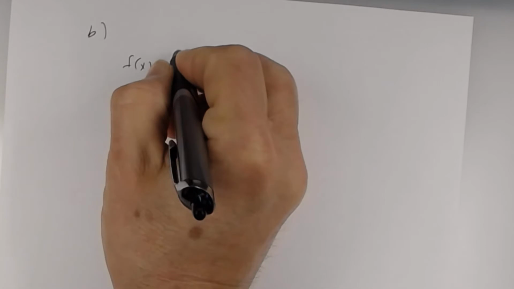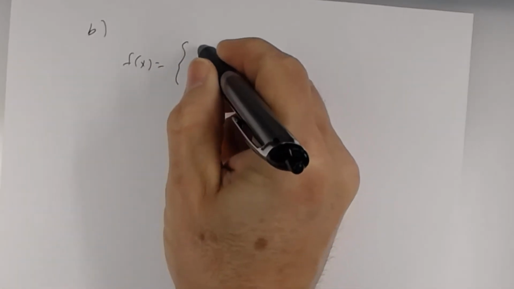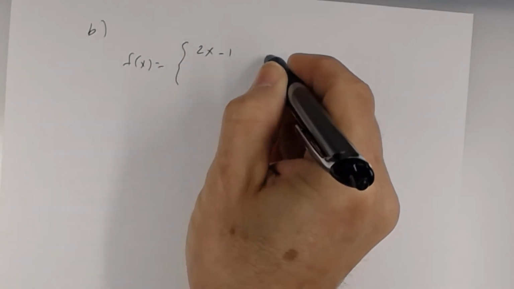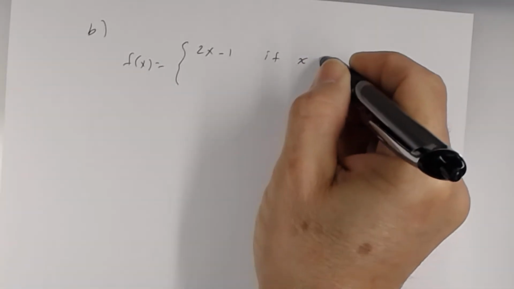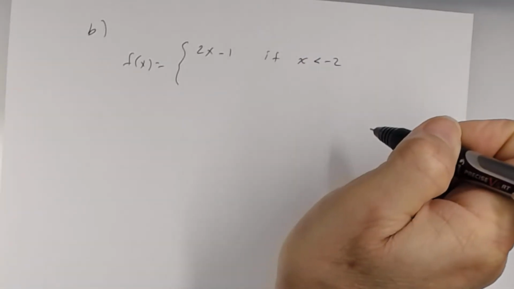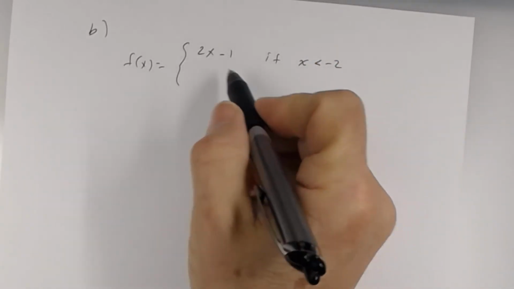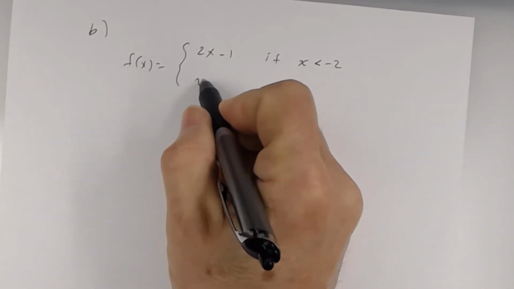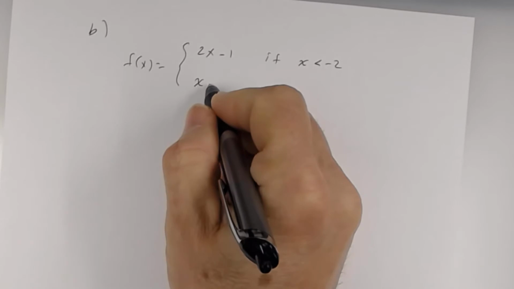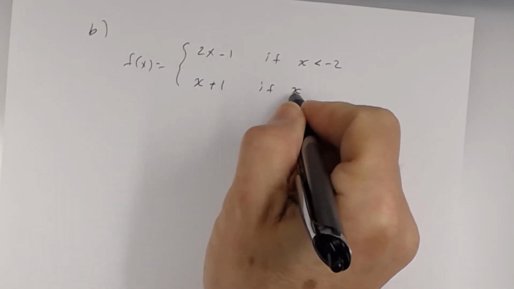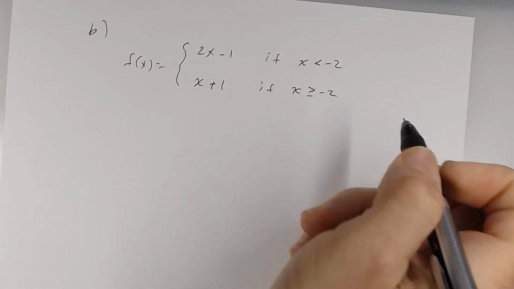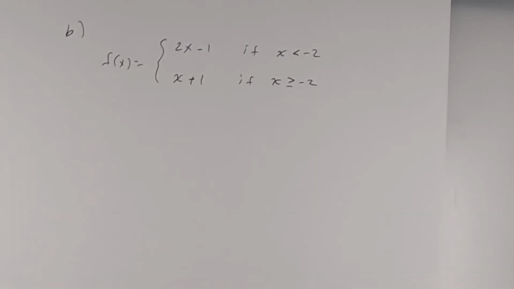F of x equals 2x minus 1 if x is less than negative 2, and x plus 1 if x is greater than or equal to negative 2. So let's graph this one.